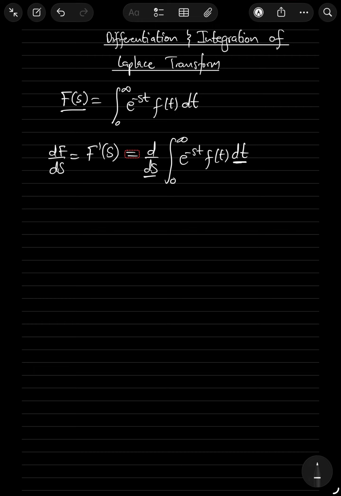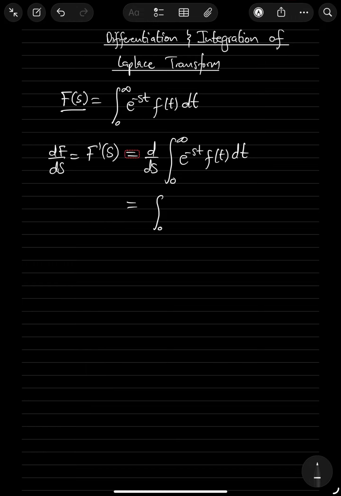That's why we can use this derivative to differentiate the exponential function, because the exponential function inside the integral is the only one that varies with s, right? So we are going to differentiate the kernel, which is the exponential function, with respect to s.